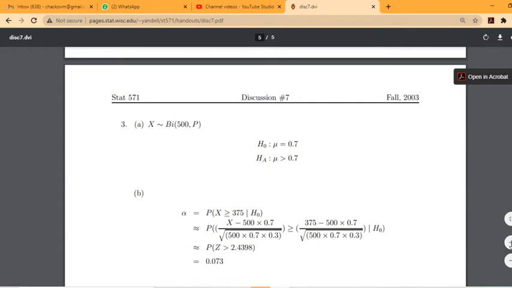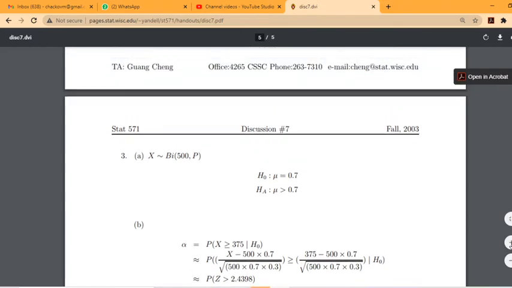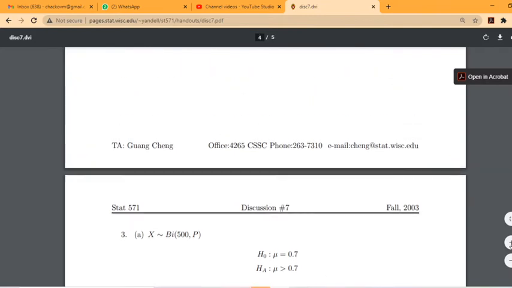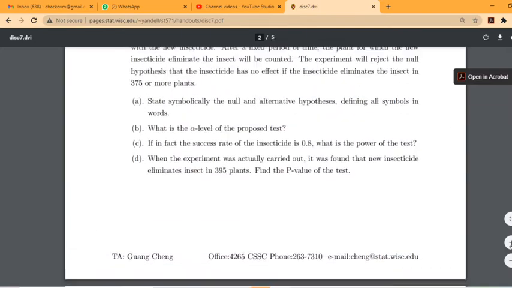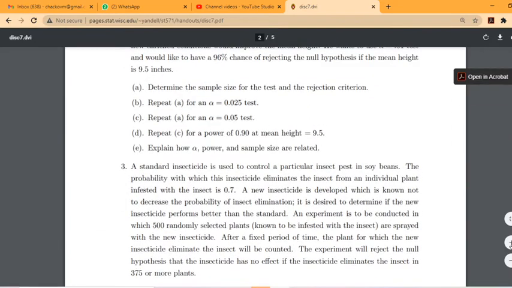So we can consider the number of plants in which the insects are removed by this particular new type of insecticide.